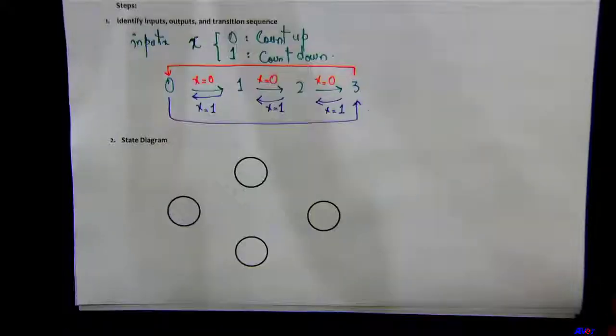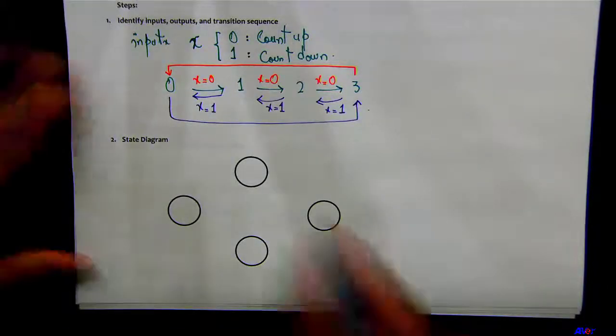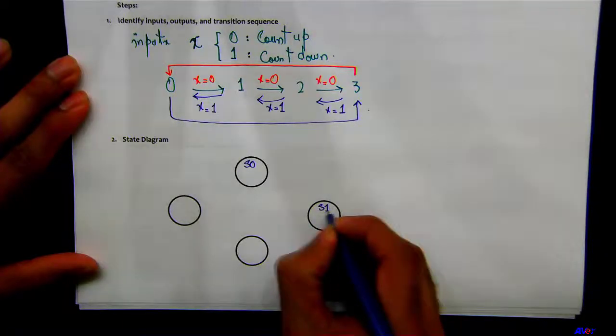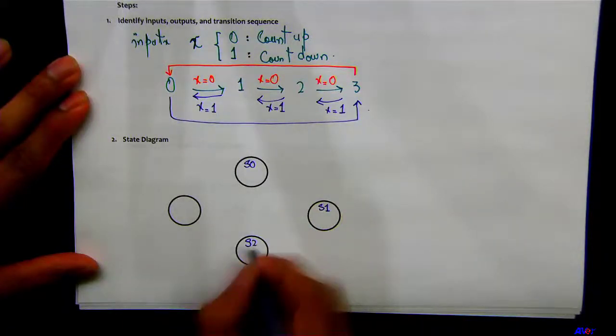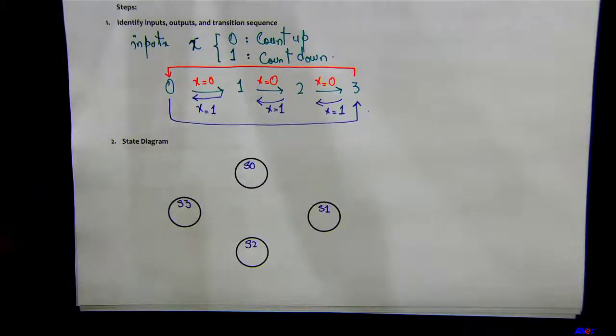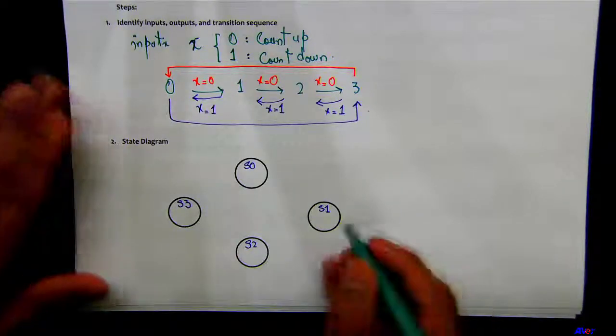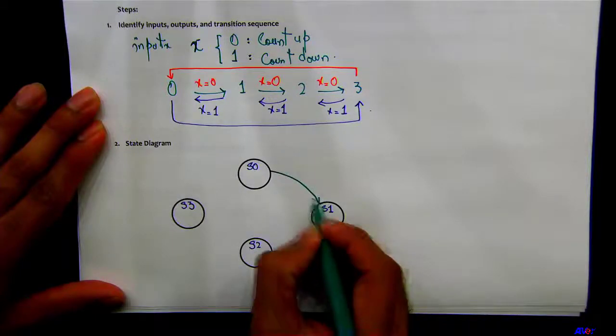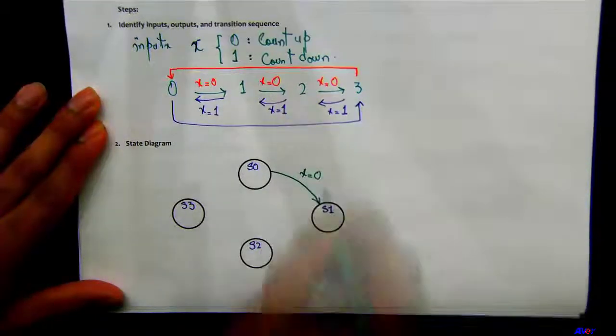Let's work on our state diagram. We're going to have 4 states because it's 2 bits. So you've got S0 here, S1 here, S2 here, and S3 here, correct? Let's do the count up first. If X is equal to 0, it goes to 1.